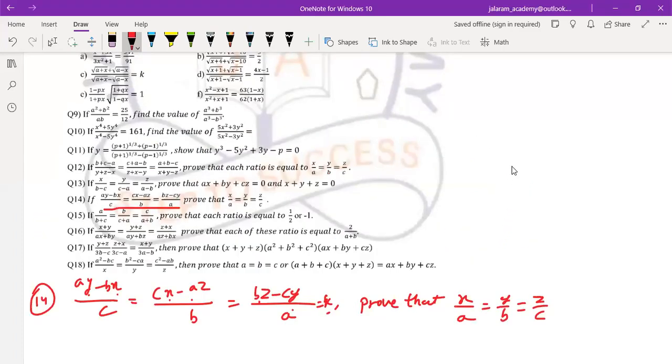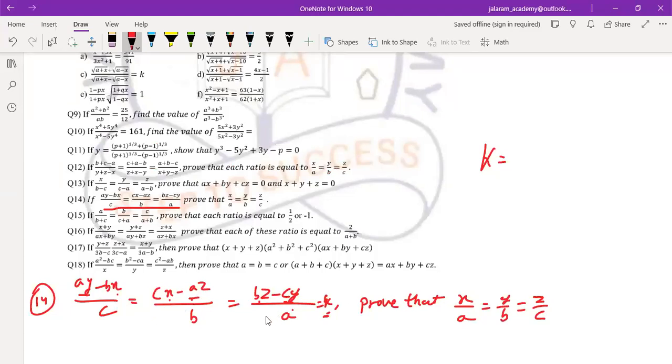In rough, if you write the terms with a together, ay - cy, there are two terms of a, two terms of b, and two terms of c. So how to prove x/a = y/b = z/c is as it is giving nothing.